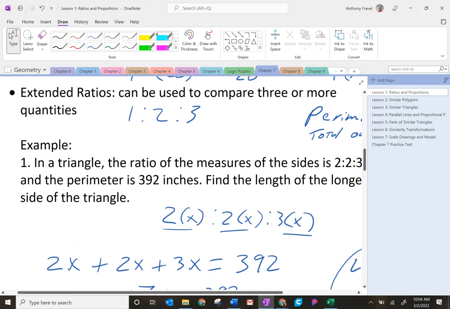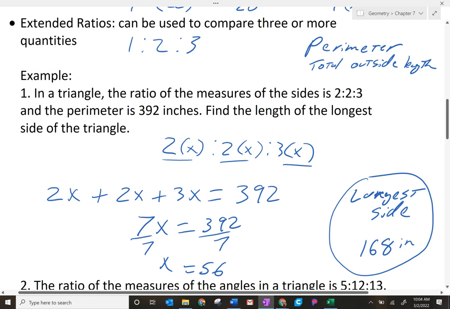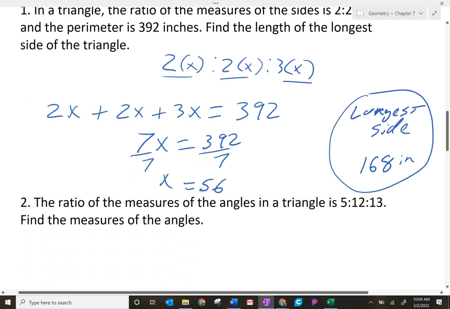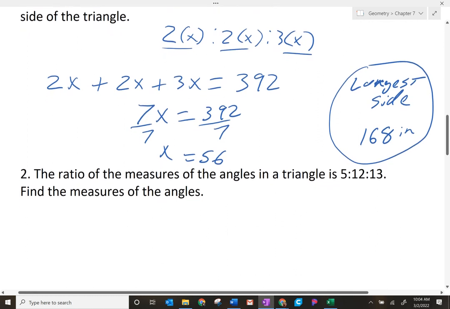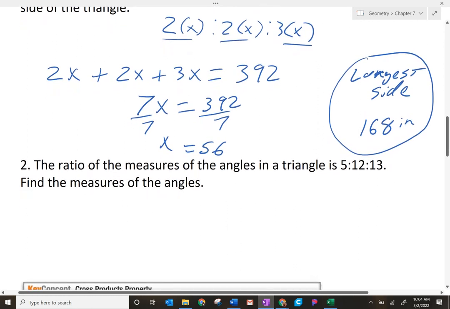Okay, I've got one more different type that I want to show you before I jump onto the next portion of it. I'll let you write this one down before I start going into it. It says the ratio of measures of angles in a triangle is 5 to 12 to 13. And then it says find the measures of the angles. So I'll give you a chance to write it.